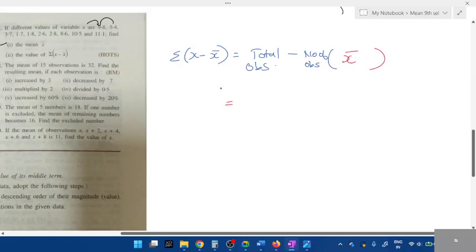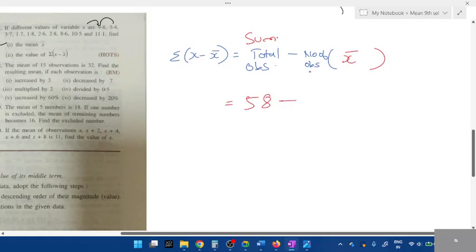Now what's the total observation we got? What's the sum of total observation, students? When you add everything, what do you get? No, no, no. I'm not asking the mean value. When you add everything, 9.8, 5.4, it's 58, right? Isn't it 58?